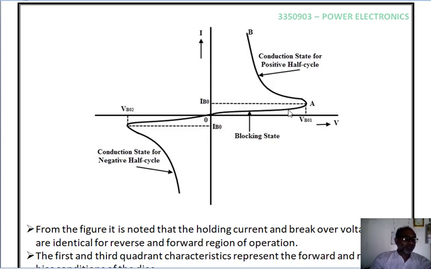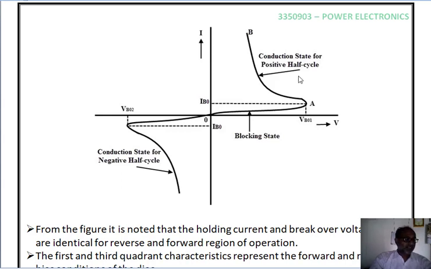When the positive or negative voltage applied to the diode is greater than its breakdown voltage, the diode comes into conduction mode and a very small voltage drop occurs in the device. The region AB, as you can see in this figure, is known as the conduction mode.